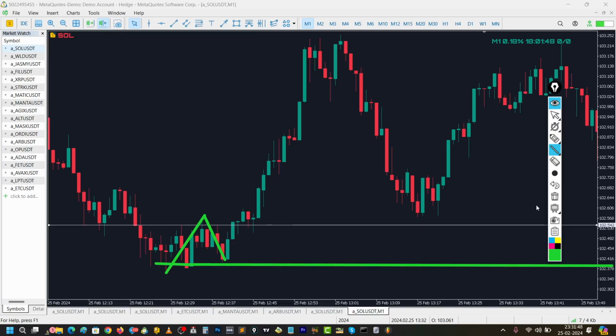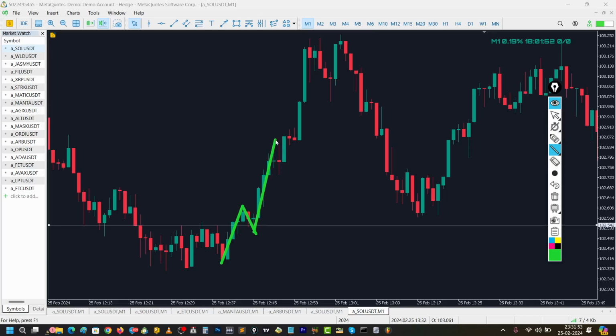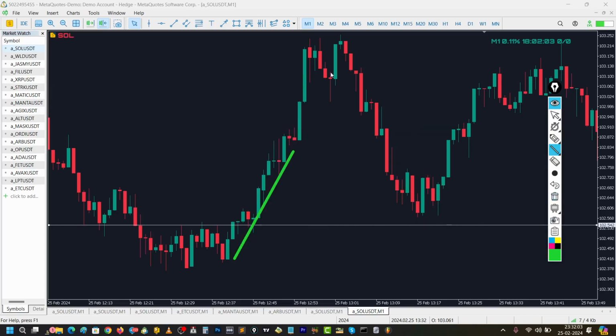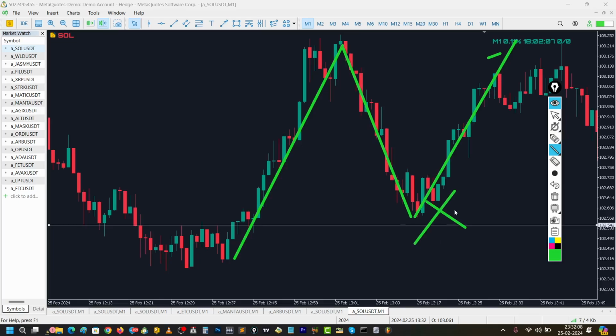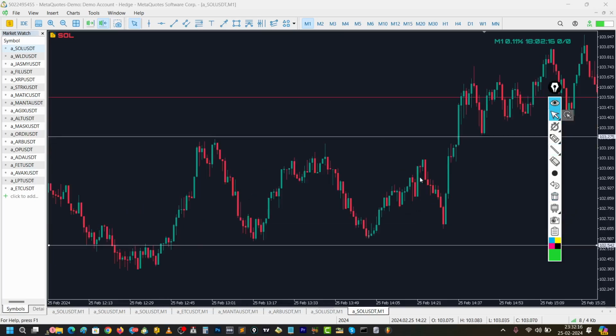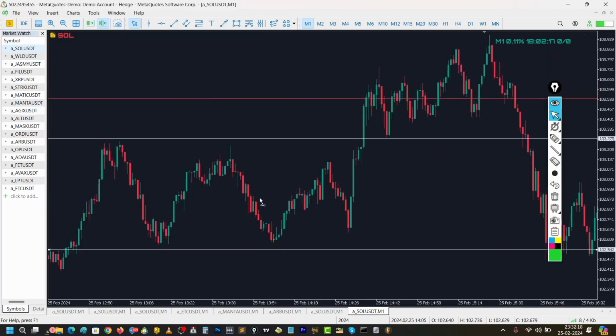And now how price moves, you can see. This is not a liquidity, this is not a liquidity. So even if price came to this discount zone and reversed, you are never going to buy here, because there is no reason to buy here. We only make a trading decision when there is a liquidity.